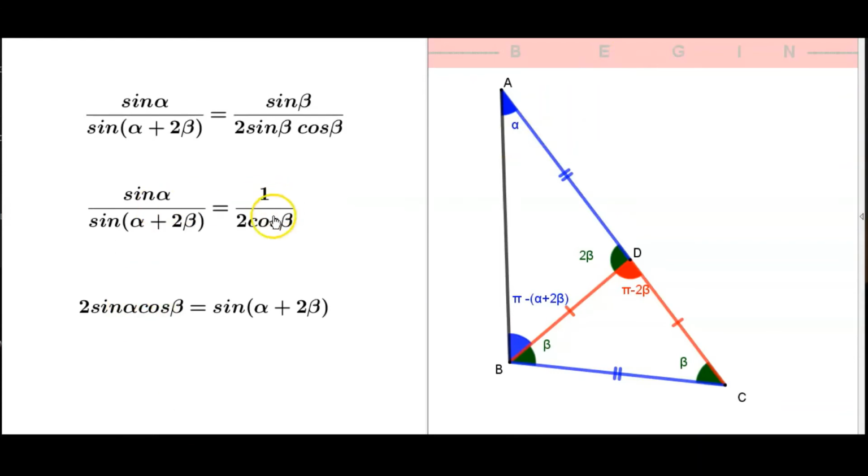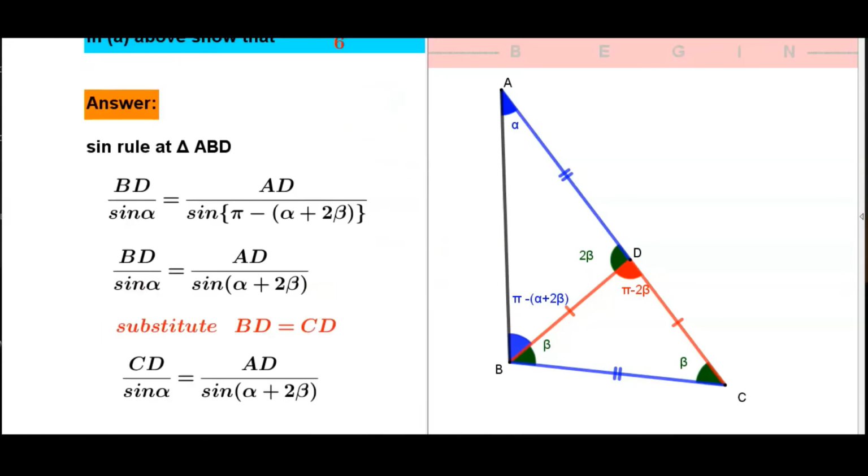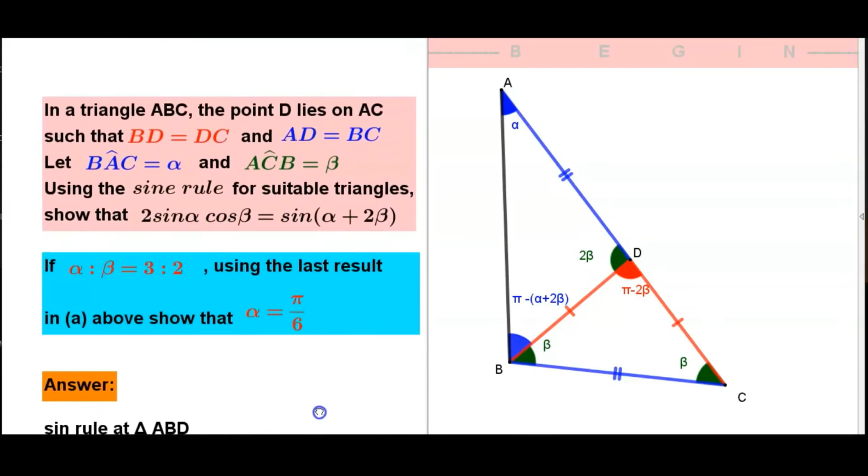Therefore, cross multiplication gives 2 sine alpha cos beta is equal to sine of alpha plus 2 beta. This is the first part.